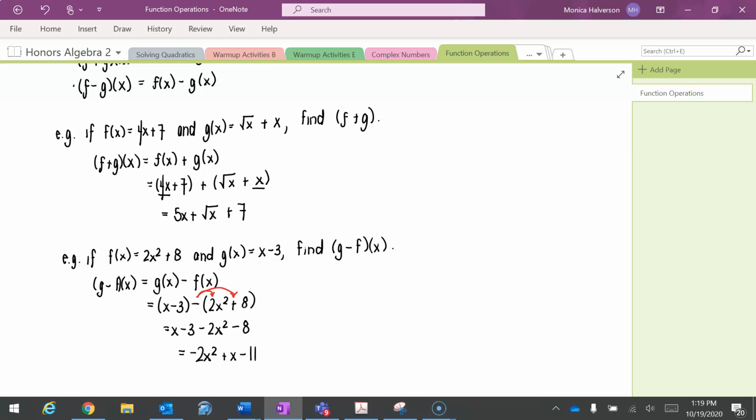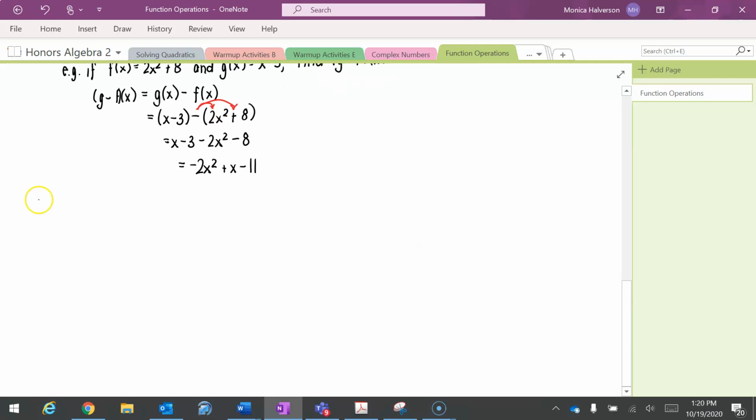Okay? So let's talk about the next operation that we need to talk about, and that's multiplication. Multiplication can be written like this: f times g of x.